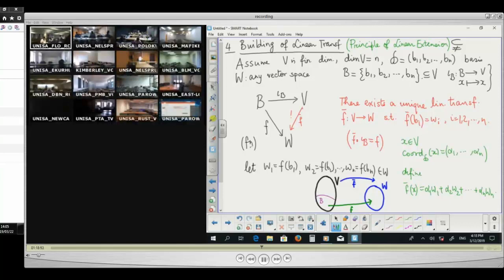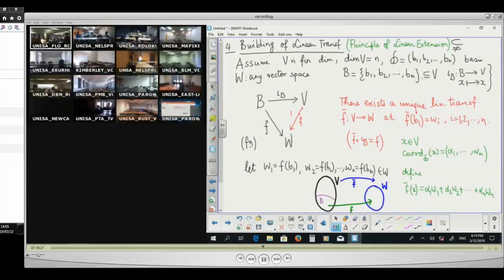Now, there are many things coming out from this nice little machinery of coordinatization and matrices and so on. The next one. Is it possible to have an infinite dimensional vector space as a subspace of a finite dimensional one?